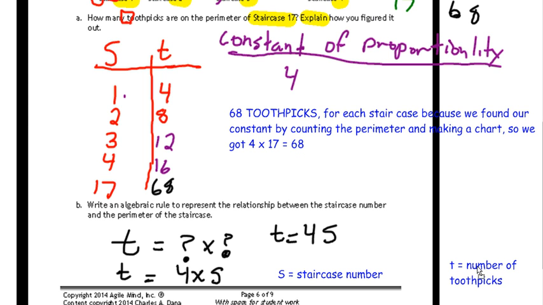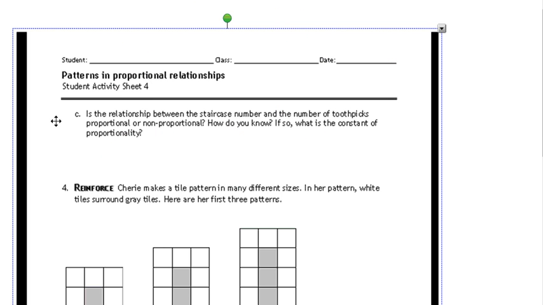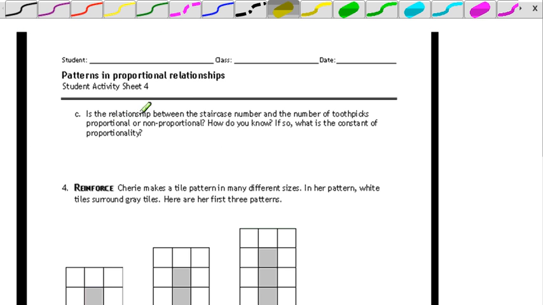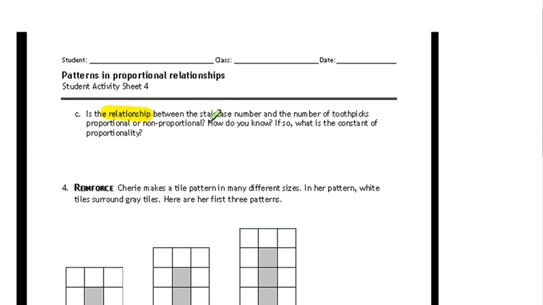All right, turn the page. Part C is the relationship of the staircase number and the number of toothpicks. Is it proportional or non-proportional? How do we know?